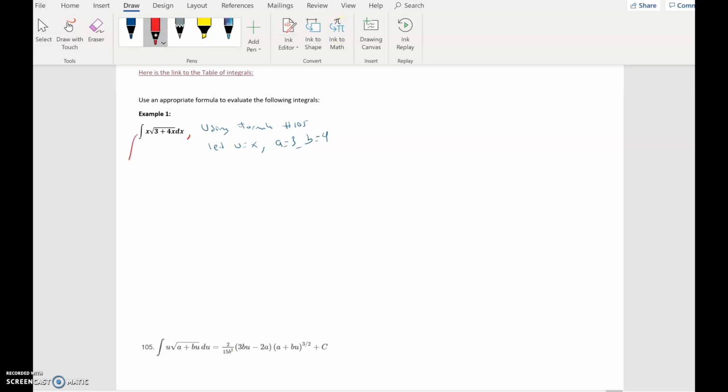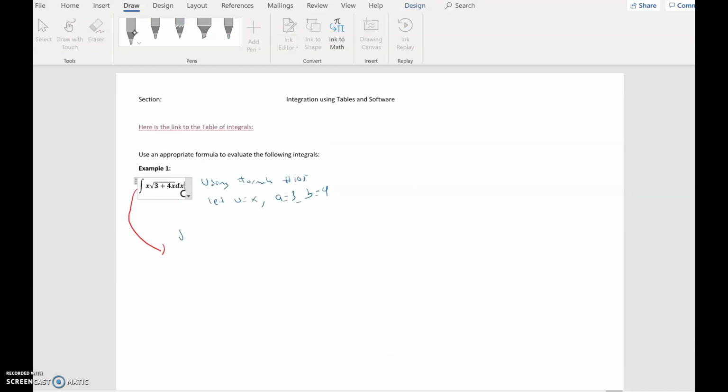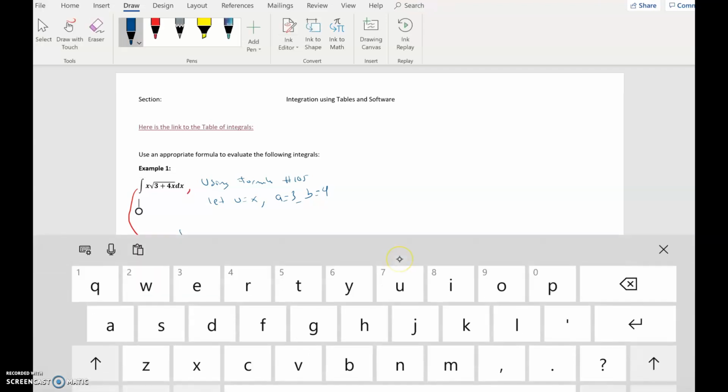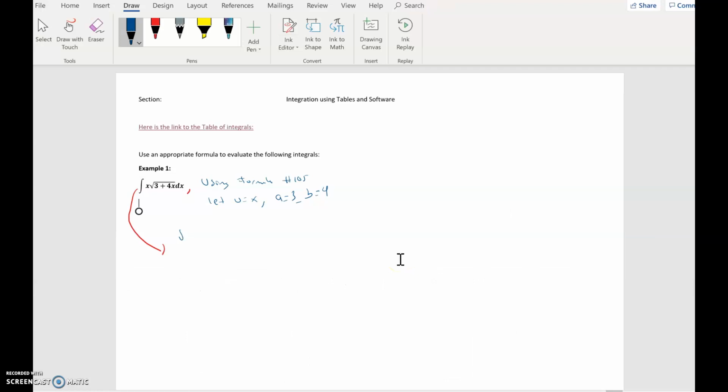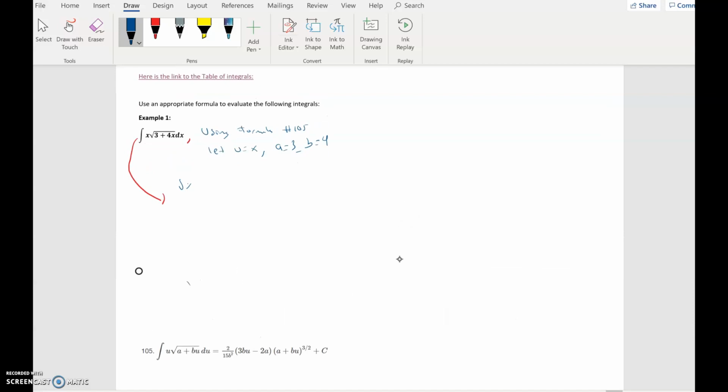And in this case, let me just rewrite this actual integral as the integral of x square root of 3 plus 4x dx. It is actually the same as 2 over 15.